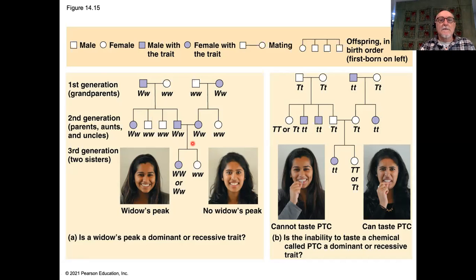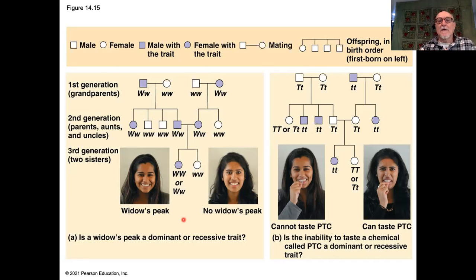Here are their parents. There's their father there, and he has the trait. There's the mother there, and she also has the trait there. Let's think about this in Mendelian terms. Okay, we're looking at a trait.